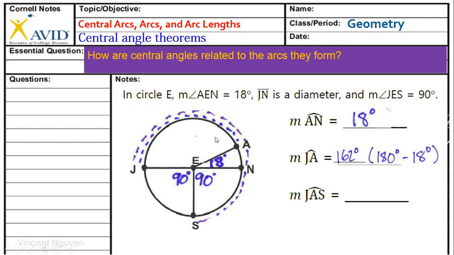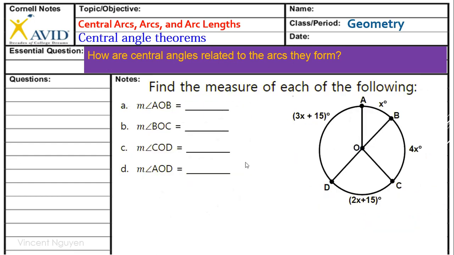So the major arc, let's say 180 plus 90 is 270, or I could do 360 minus 90. Either way, you get 270. You can do 180 plus 90 and go all the way that way, or you can take 360, the whole circle, and take away JS to give you JAS. Another way to name this is JNS. You can name that major arc JNS as well. So you could do it either way.